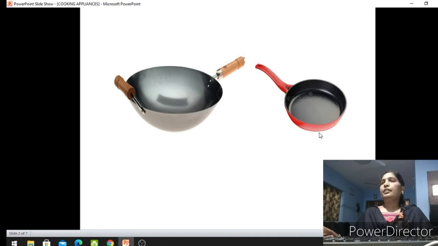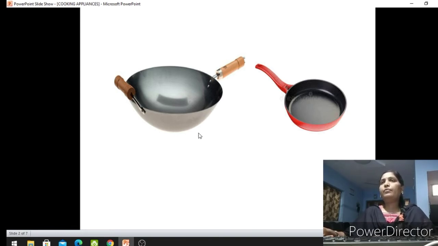And the other utensil is for shallow frying, not deep fry. For a little frying we use what is called a frying pan. This is a frying pan. We use it for shallow frying.